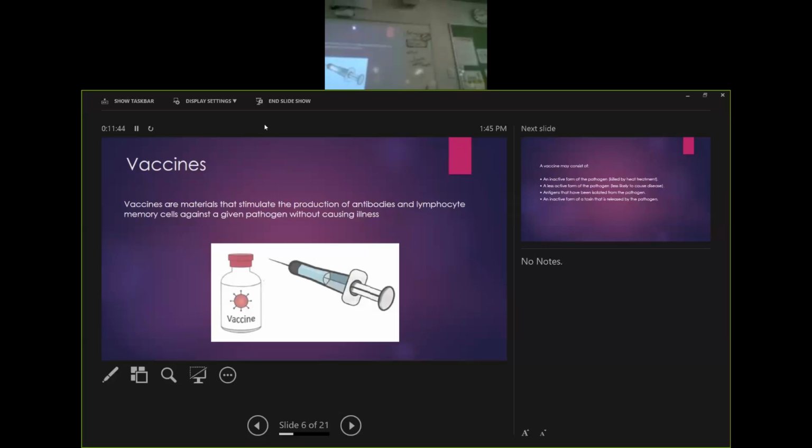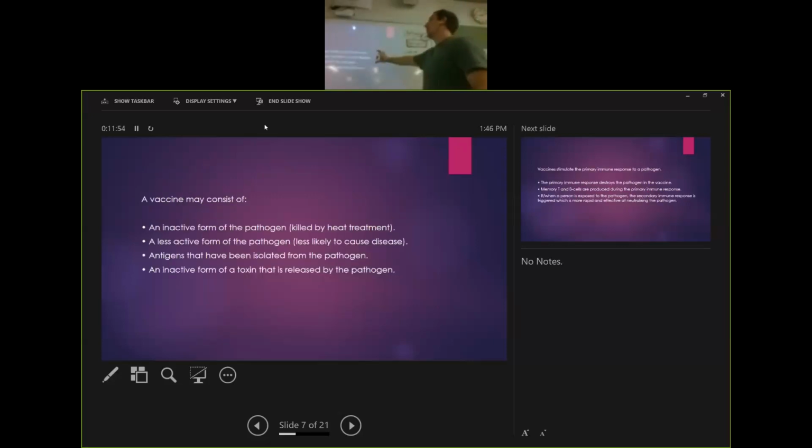Because if we can produce memory cells, that gives us future protection against these particular pathogens. Now, vaccines can come in a range of different forms, because we will develop an immune response against any foreign particles that are going to cause us harm.